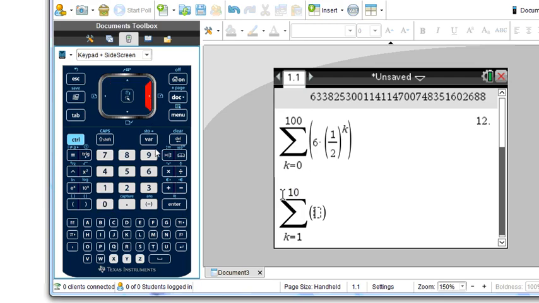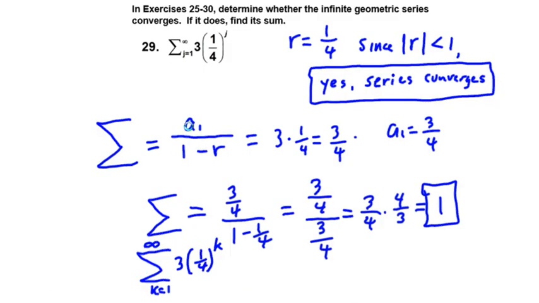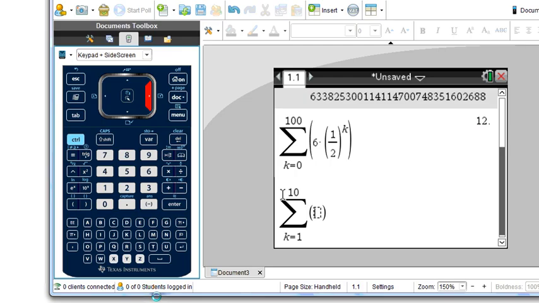And we're going to have, what was it here? It was 3 times 1/4. So 3, and remember that's not our initial value, because our initial value was 3/4 once we plugged in 1 for the first J. Okay, open parentheses.